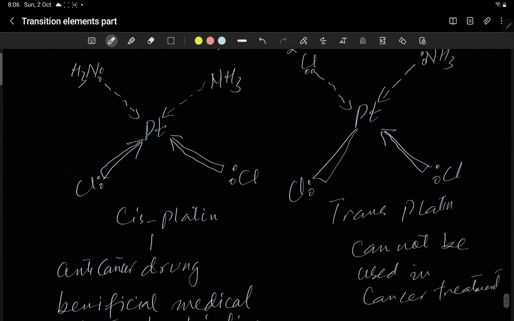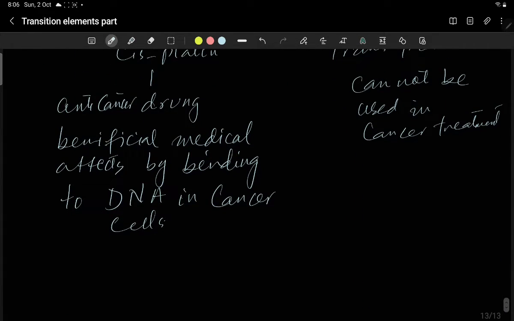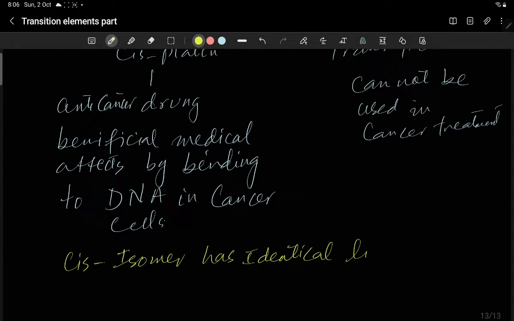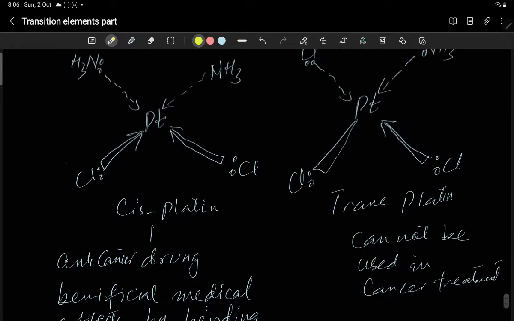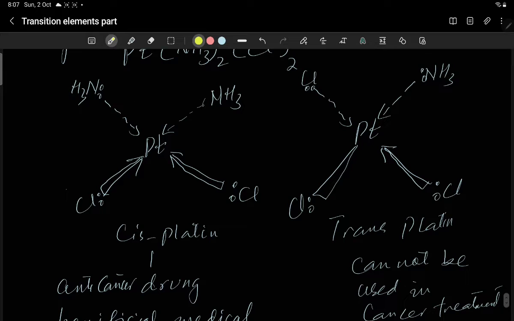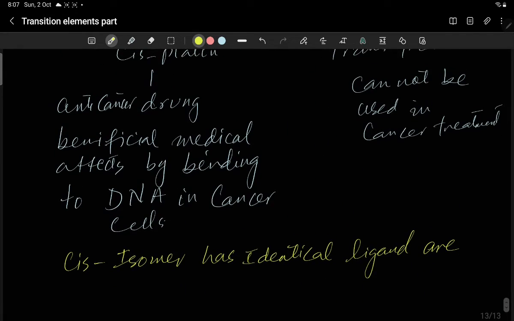Identification of this cis-trans isomer. If cis isomer has identical ligands, they are 90-degree apart. Identical ligands are 90-degree apart.